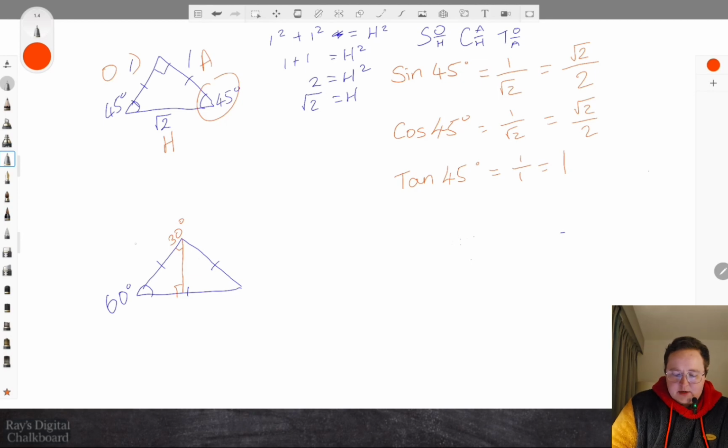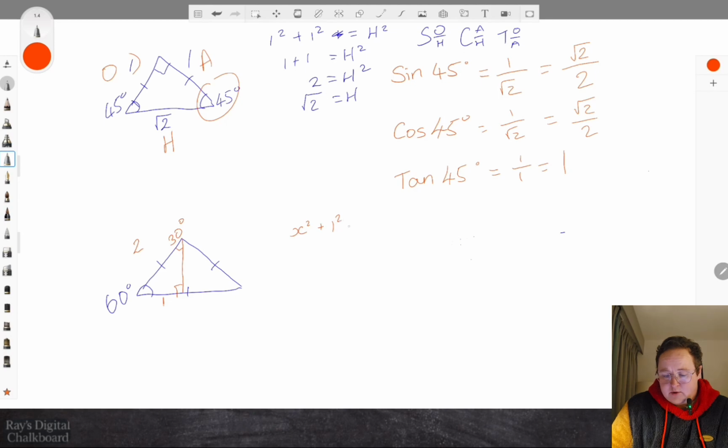Now we're going to say that this triangle has sides of 2, 2, and the base that we've cut in half is a 1. We need to get the length of this line going down the middle, which we'll call x.